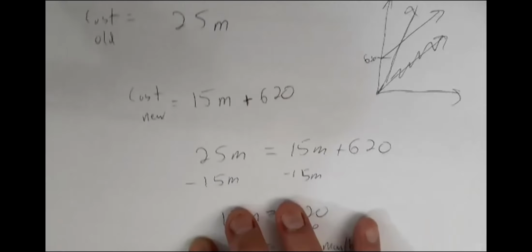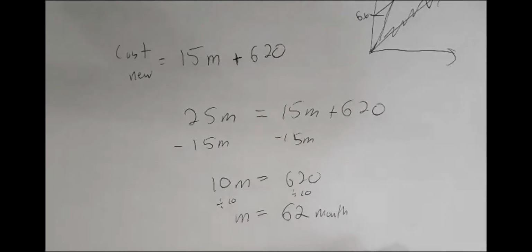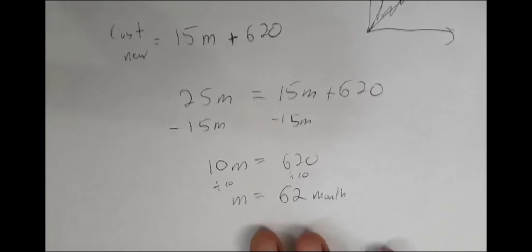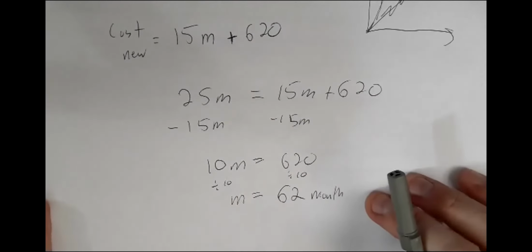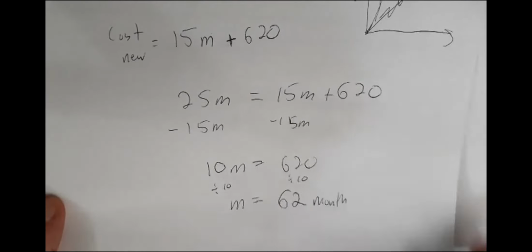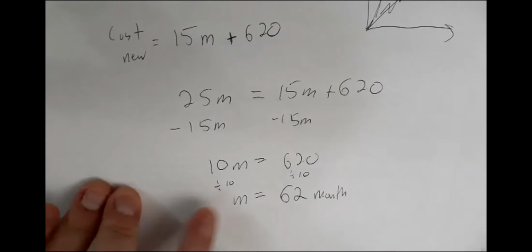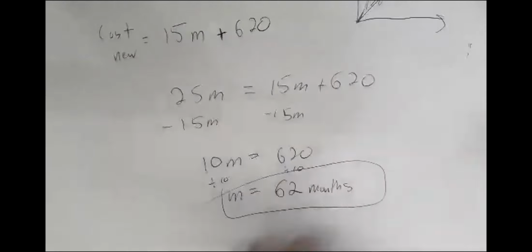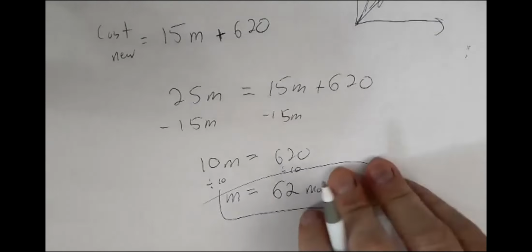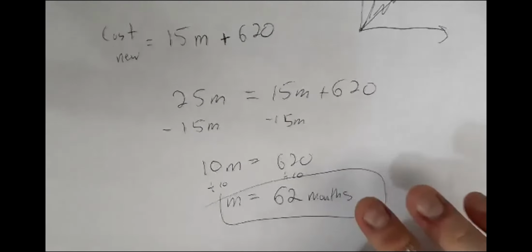If this is really confusing, that might be a good keyword to look up. But we want to know when these two things are equal to each other, when their cost is the same, is the same as saying when are they equal to each other. So we set them equal to each other. We solve for m, which is 62 months. So after 62 months, these things will be equal.